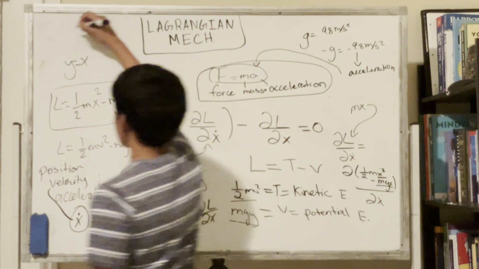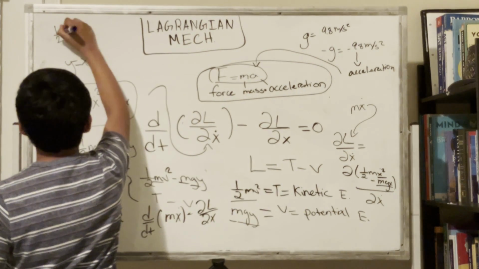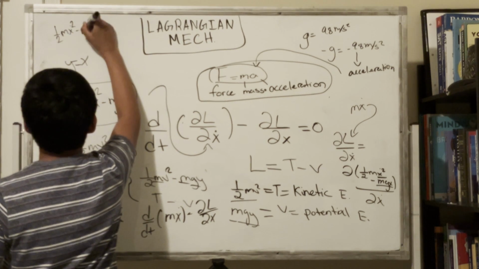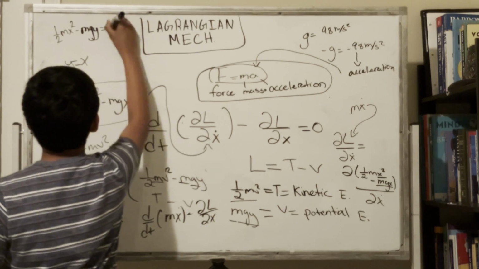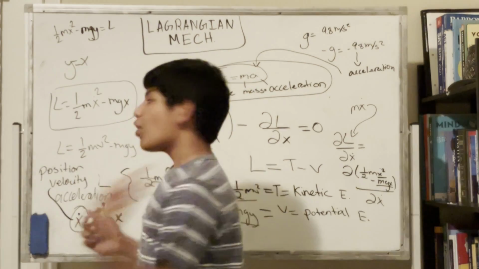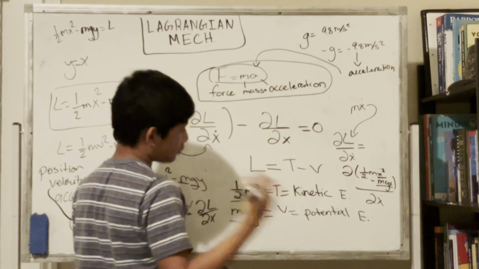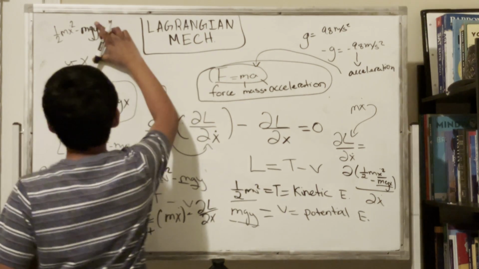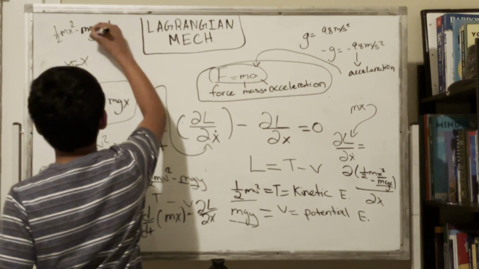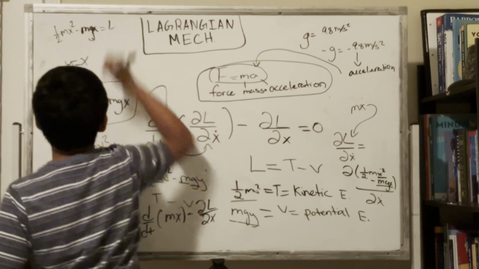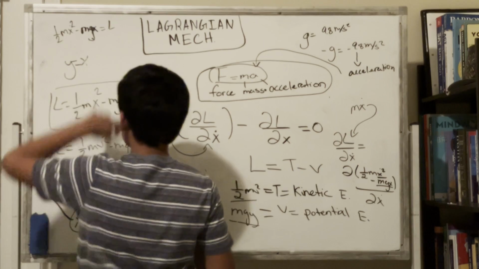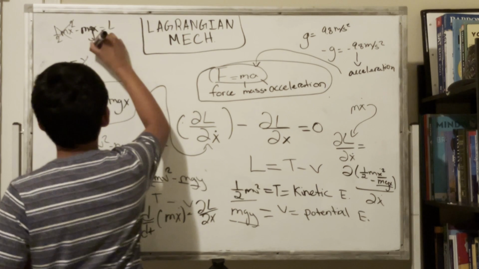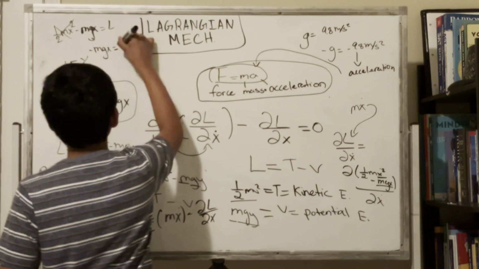So we have 1/2 m x dot squared minus mgy equal to L. Okay, so we've taken the partial derivative of the Lagrangian with respect to x dot. Now we're going to take it with respect to x. And remember that this is going to be an x, so mgx instead of mgy. If we take the partial derivative with respect to x, this term will cancel out, since we just have an x dot. So we're just left with minus mgx.